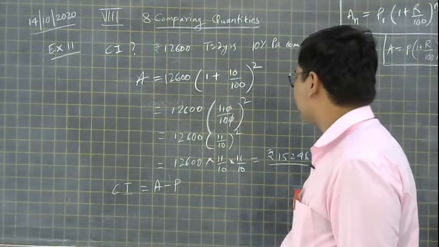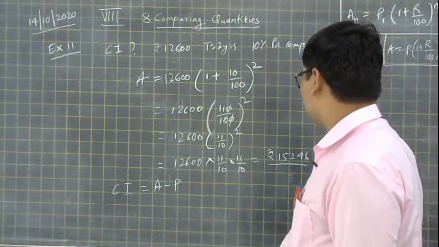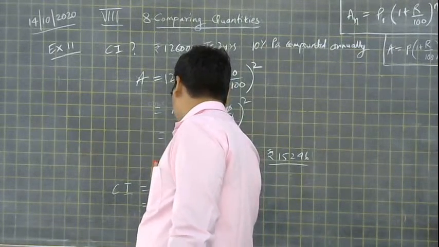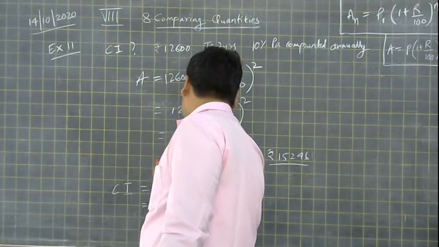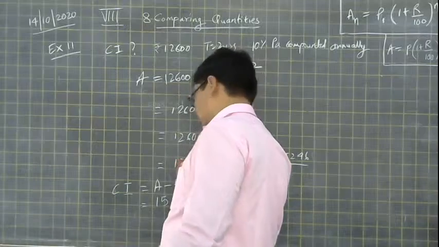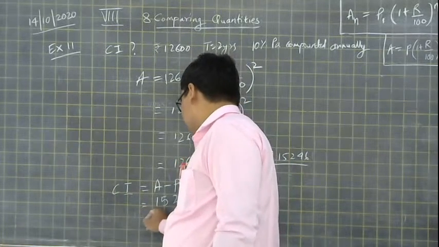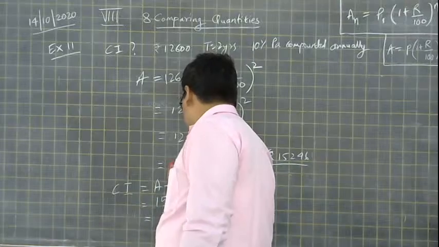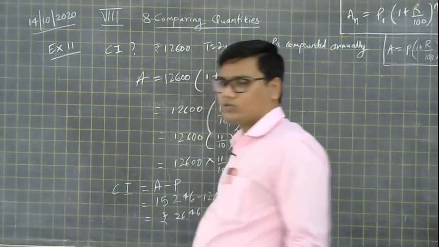So 15,246 minus 12600 is equal to 2646 rupees.